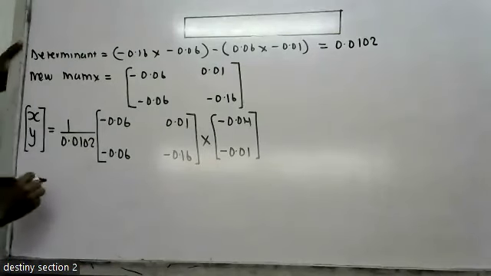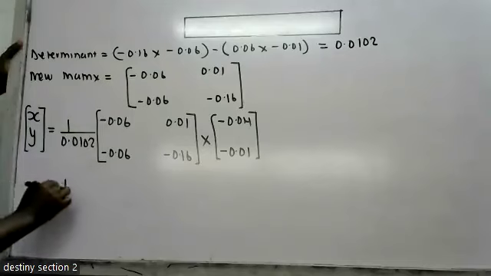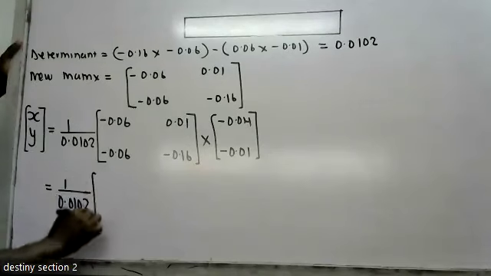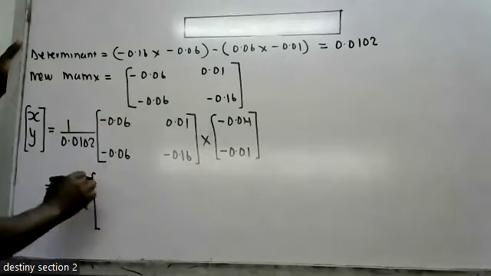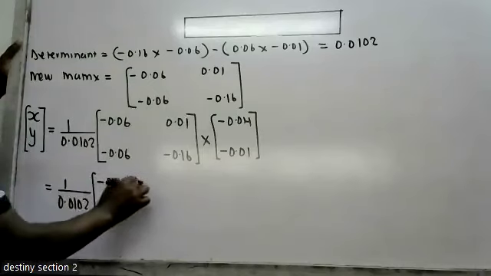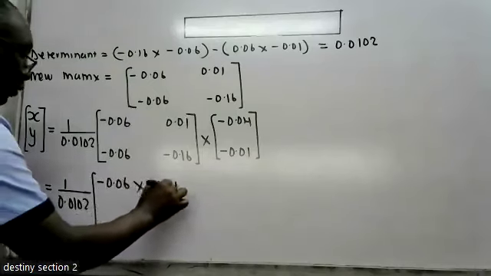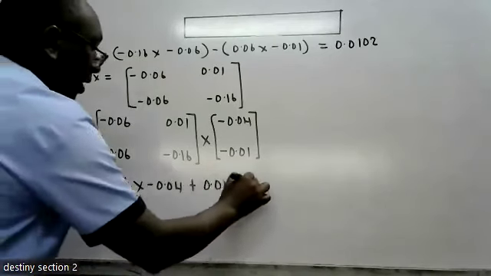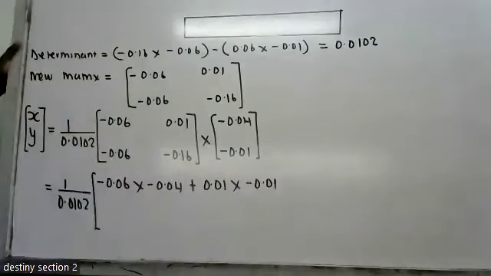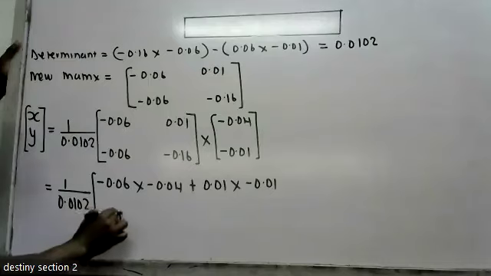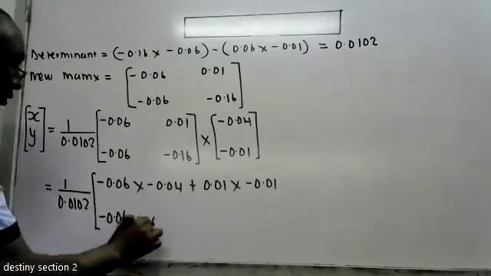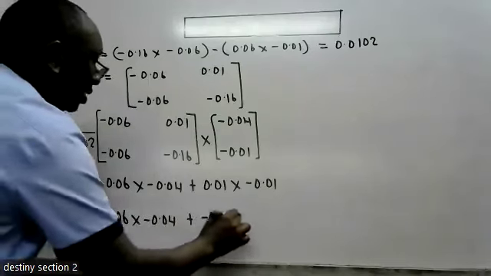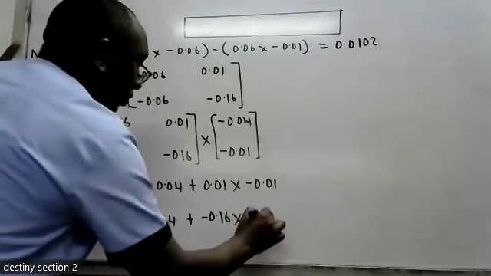So proceeding on, this is equal to 1 out of 0.0102. We multiply: this will be minus 0.06 multiplied by minus 0.04 plus 0.01 multiplied by minus 0.01. Then minus 0.06 multiplied by minus 0.04 plus minus 0.16 multiplied by minus 0.01.